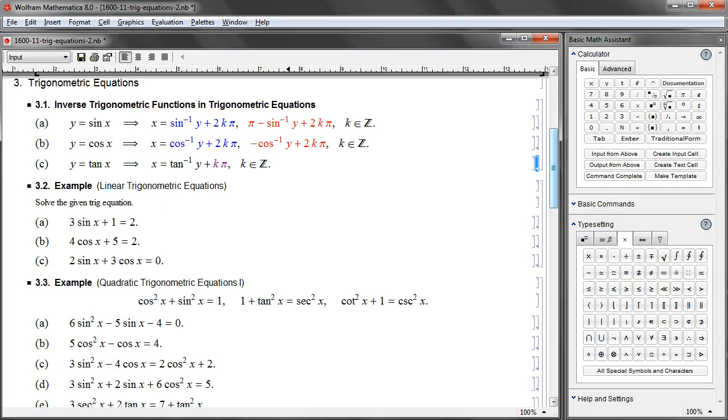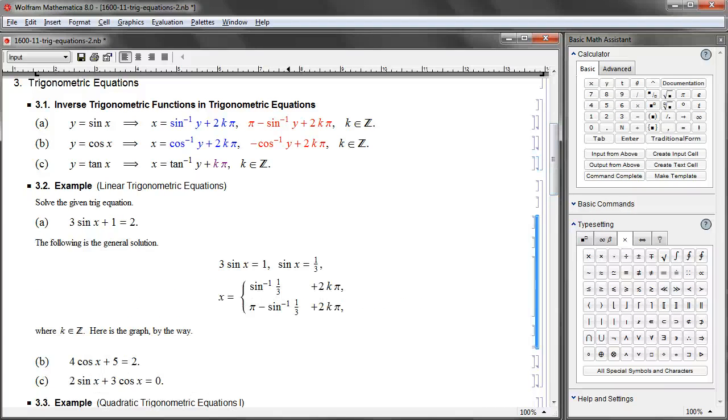And how do we use these to solve some trigonometric equations? Let's begin with a linear trigonometric equation. For example, how about this kind of problem? Solving for sine of x, you just flip 1 to the other side, and you get 3 sine of x is equal to 1, and divide by 3, you get sine of x is 1/3. And what do you get?